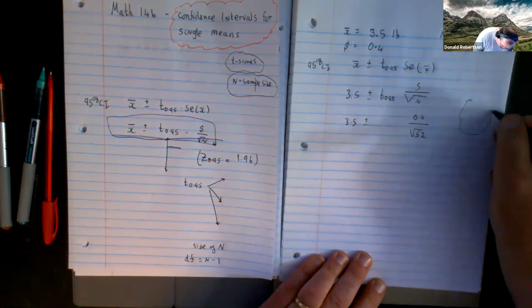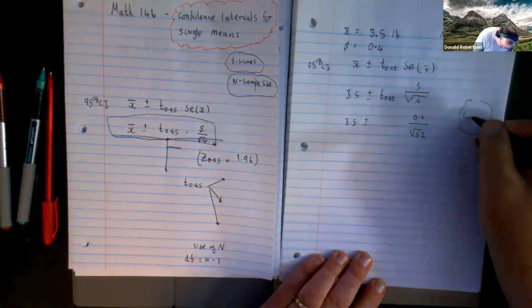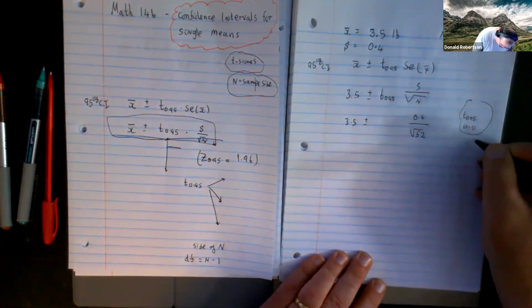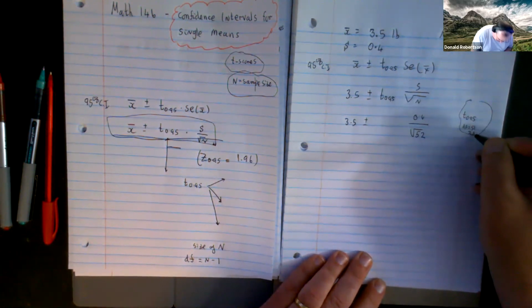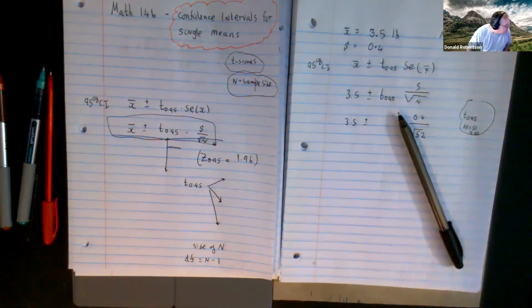And then I go and I look at that table, and the degrees of freedom should be 51. The closest number I can use is 50, so that's the one I'm going to do. And 0.95, 95 is here, and a 51.